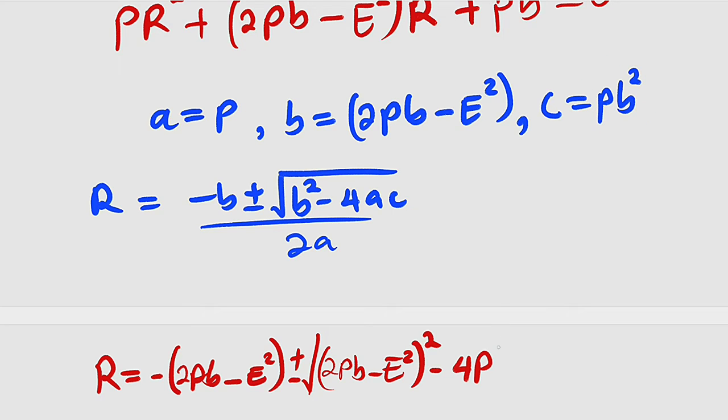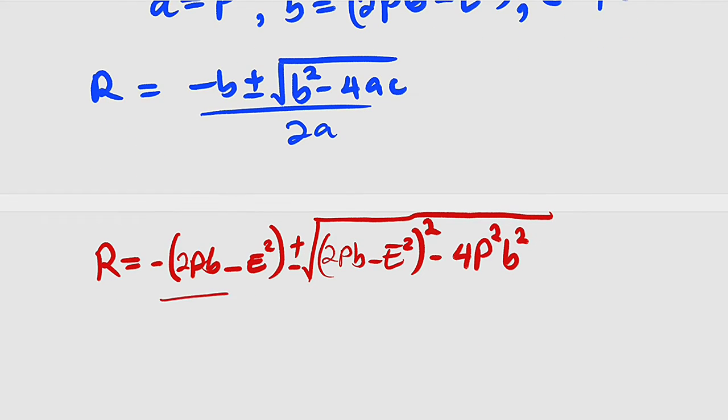Already we have another P here, so the P will be squared, then B squared. Everything divided by 2A, but A is P, remember.